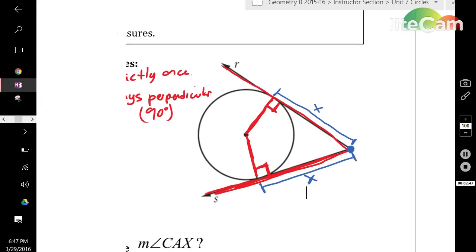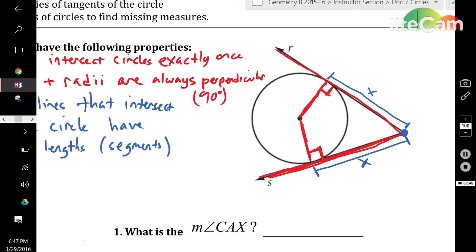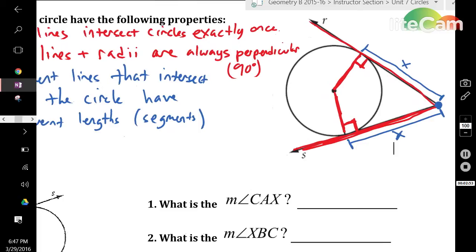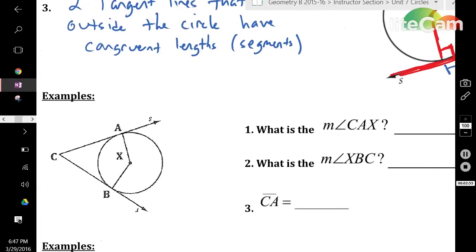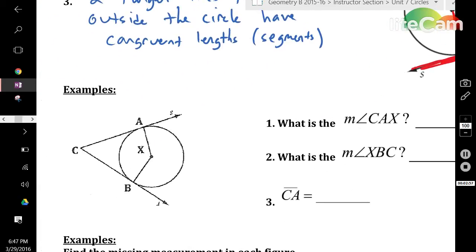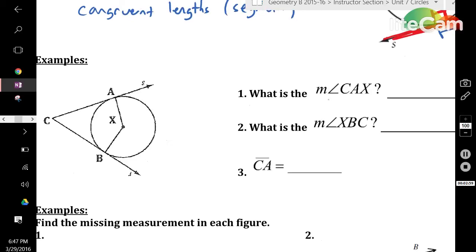Now those three properties of tangents can be used to find missing side lengths or missing angles within a circle diagram. For example, we have this diagram here. They're asking, what is the measure of angle CAX? CAX is right here. I know that AX is a radius.